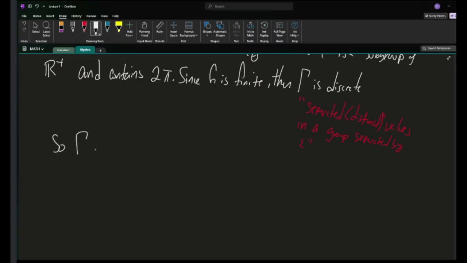So gamma has the form AZ, as we've shown from the lemma.